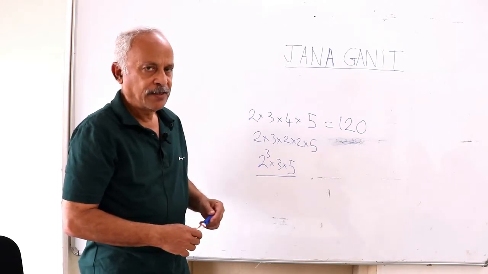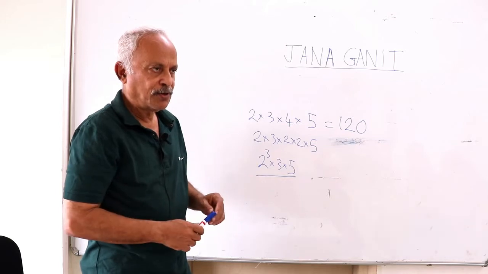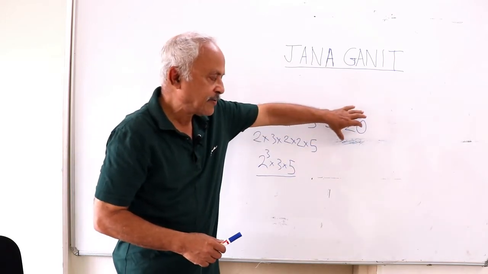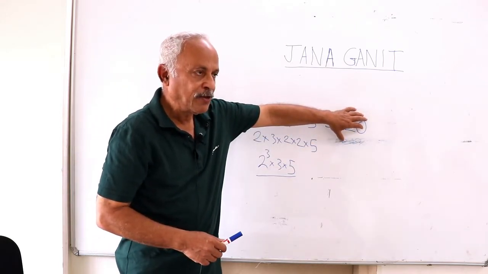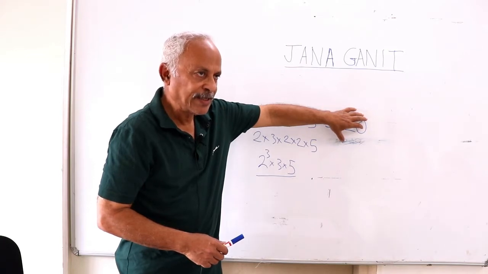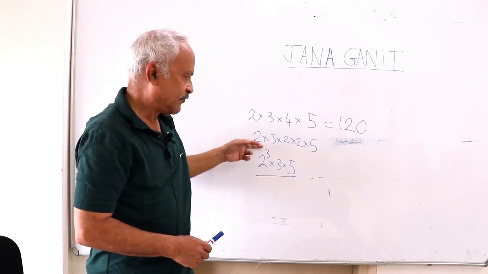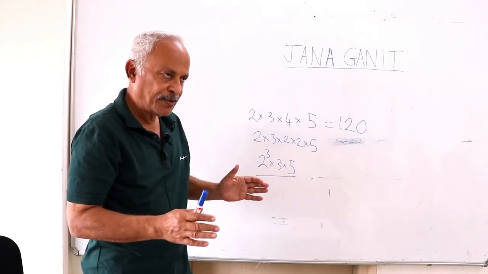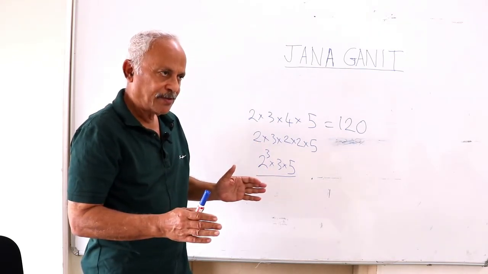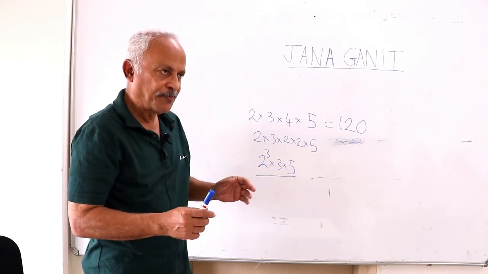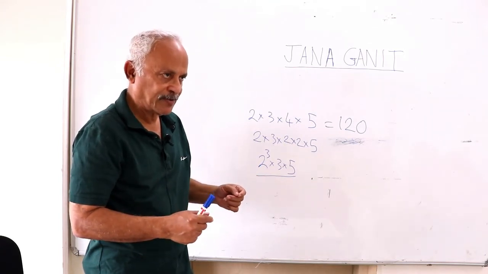Okay. Now I am going to give you this problem. I am telling you this number, and you have to find out using the calculator this form or this form, where I break up the number into its prime factors.